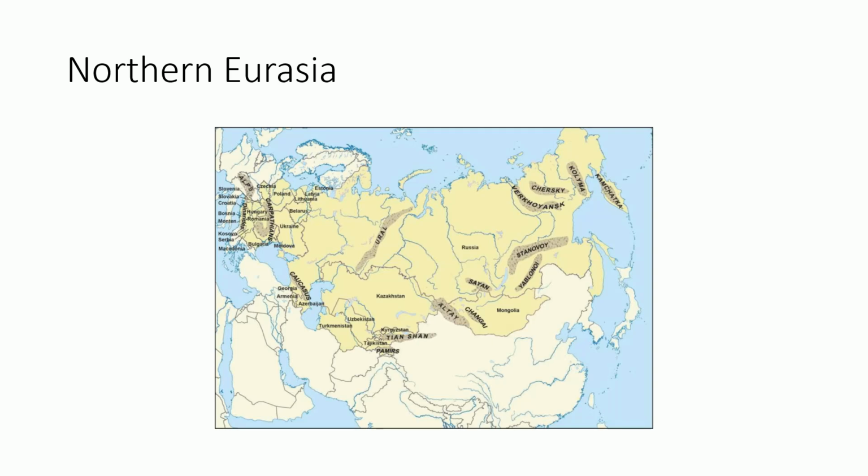But at the same time, they are peoples greatly affected by their physical geography and the harsh nature of the climate in which they live. These are places that tend to be very mountainous, very cold, and so that environment that they live in played a significant role in the types of cultures that developed as a result. And so Northern Eurasia is a fascinating study of the influences of Asian cultures and ideas and European cultures and ideas and the way that those two things have been molded together.